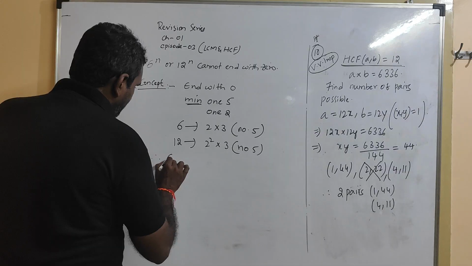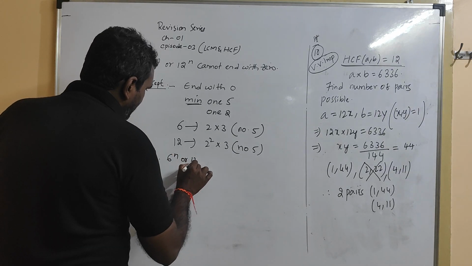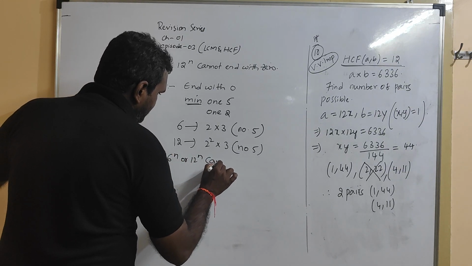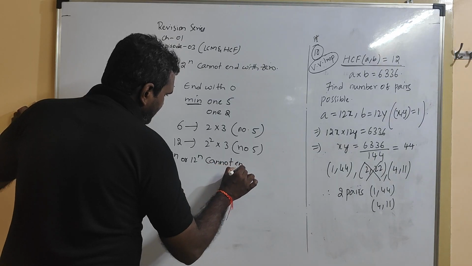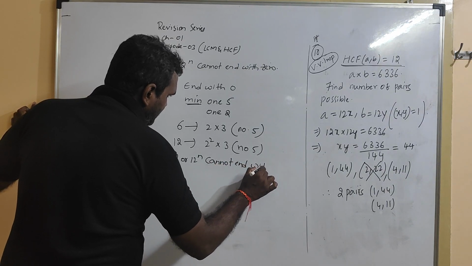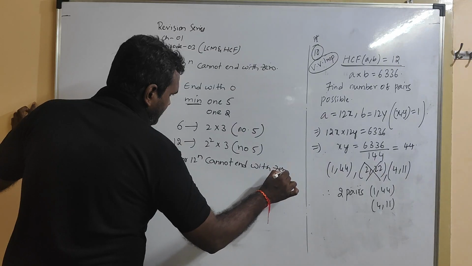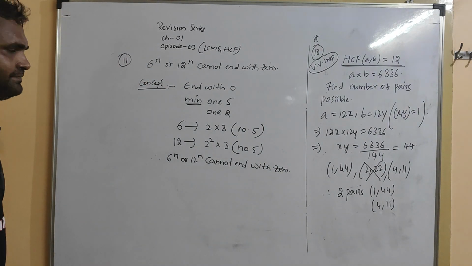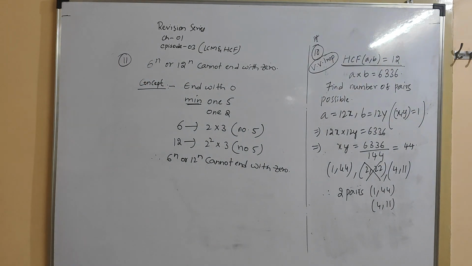Therefore, 6 power n or 12 power n cannot end with 0.